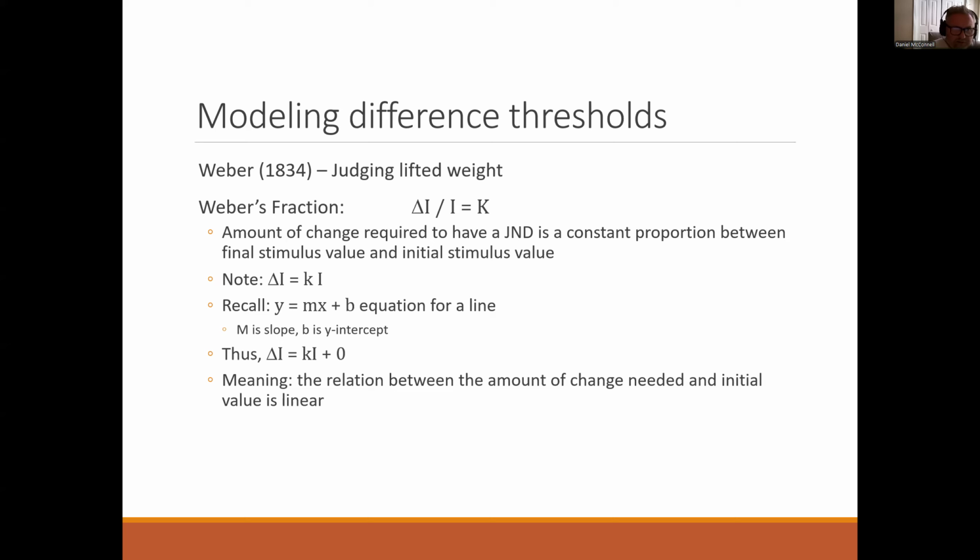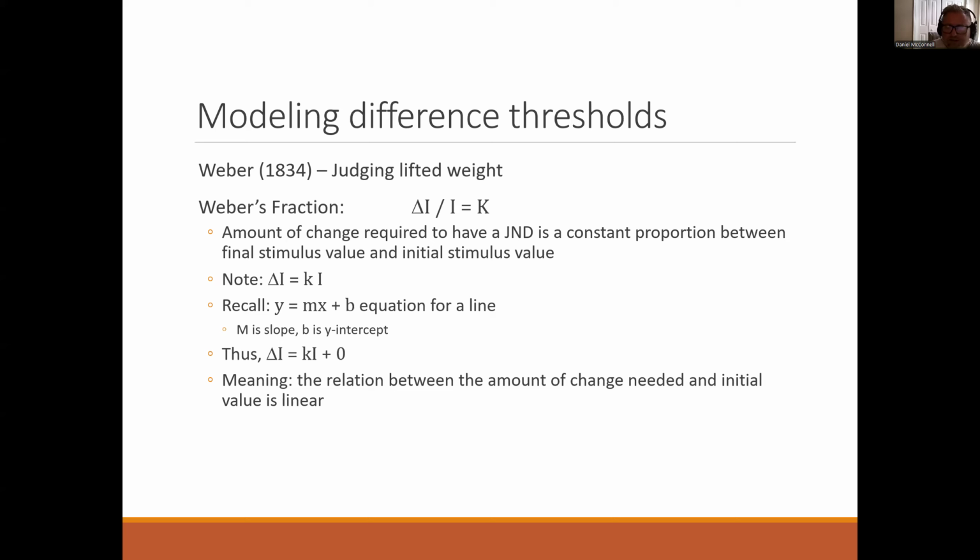So if I started with 15 grams in my hand, and I add one gram to that, that's the same amount of weight that was sufficient to create a just noticeable difference when my starting weight is 10. But now if my starting weight is 15, what we will discover is that adding 1 gram is no longer enough to create the just noticeable difference. We're going to have to add 10% of 15 grams, which would be 1.5 grams, right?